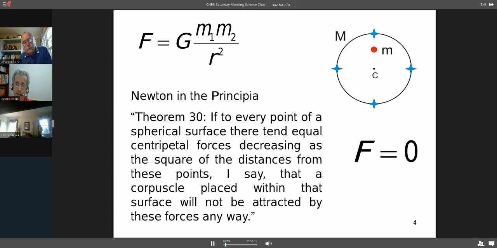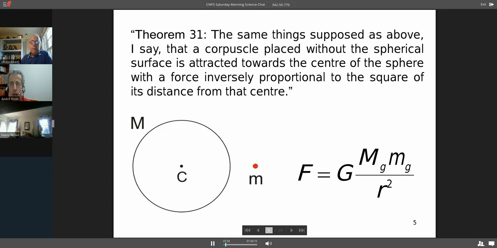But now the Earth is huge. Different parts of the Earth attract the apple with different forces because they are at different distances from the apple. So the next theorem, Newton considered a body outside the spherical shell.